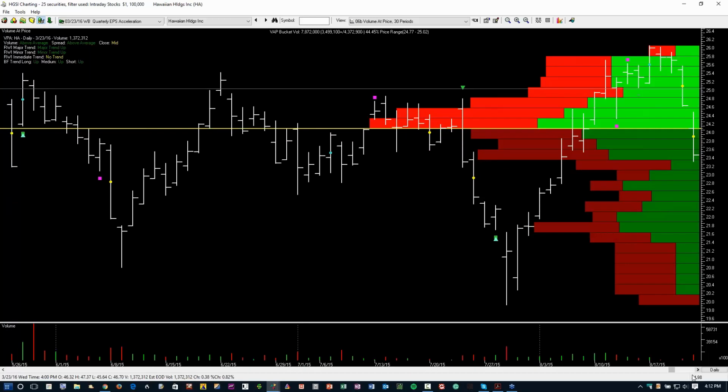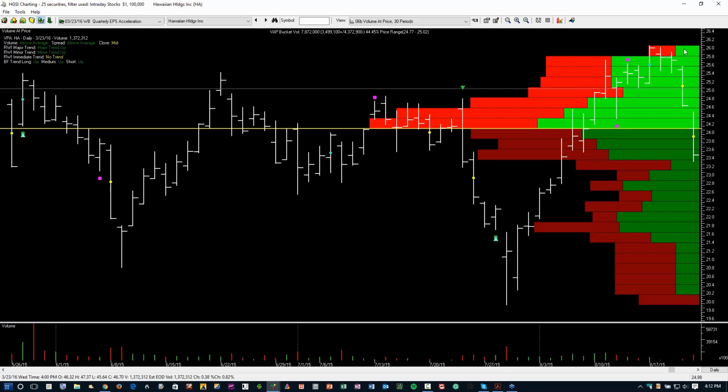Okay, so this is a 30 period with 25 buckets, and here is where the stock started breaking down again. You can see that the volume point of control on a 30 period was much lower, away from the actual price at this point.